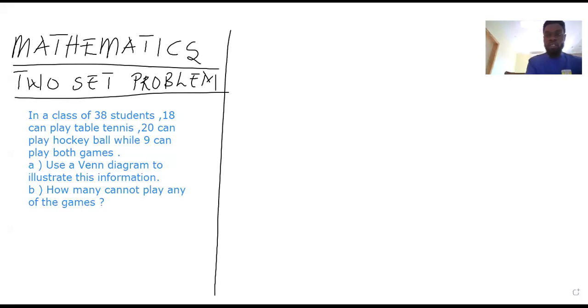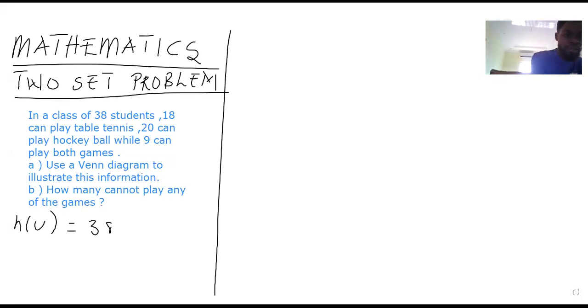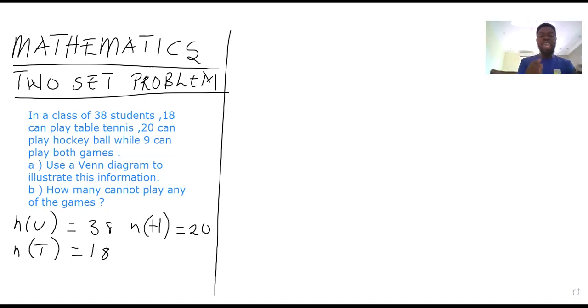In a class of 38, so the universal set is equal to 38. 18 can play table tennis, and 20 can play hockey. 9 can play both games, that is table tennis intersection hockey.